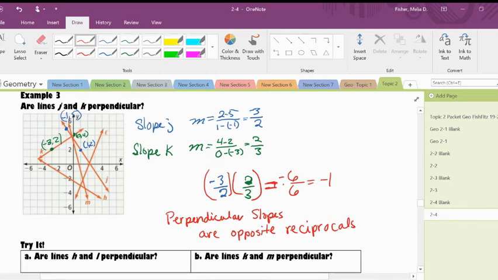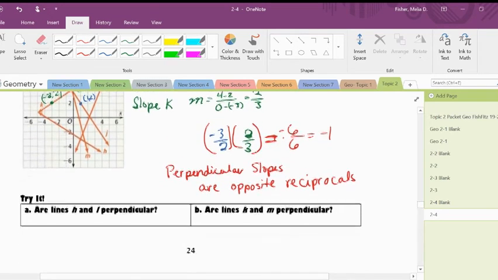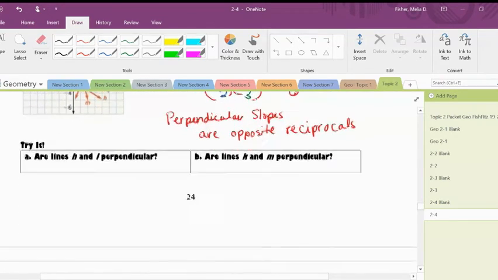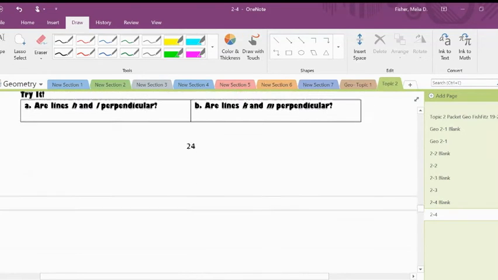So one was positive, one was negative, one was 3 over 2, the other was 2 over 3. So reciprocals flip each other upside down. Go ahead and take a look at the try it and come back and check your answers.